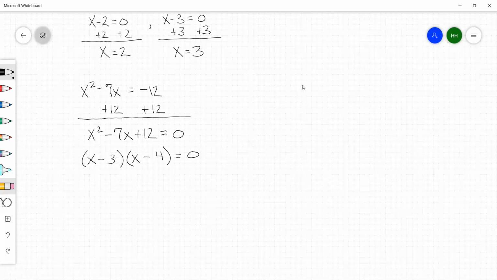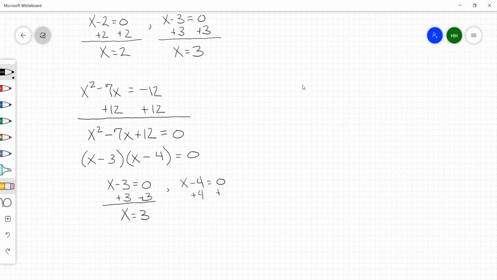So then you take each of your factors and you set them equal to 0. So we make x minus 3 equal to 0 and x minus 4 equal to 0. Solve them both. So x can be equal to 3 and x can also be equal to 4. So there's your two solutions. X equals 3 or x is equal to 4.